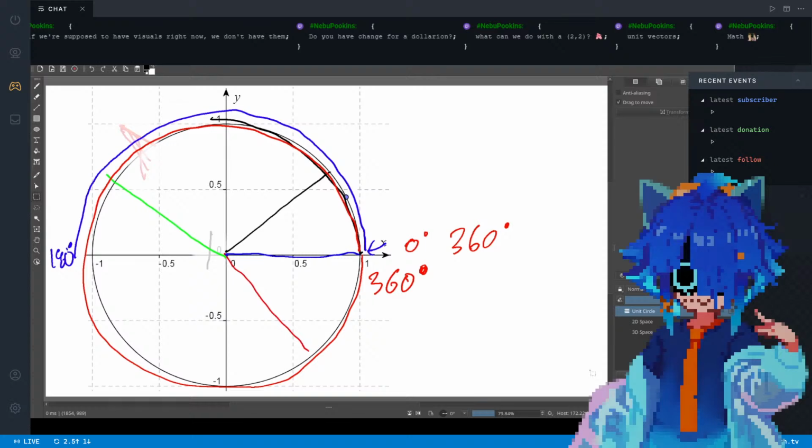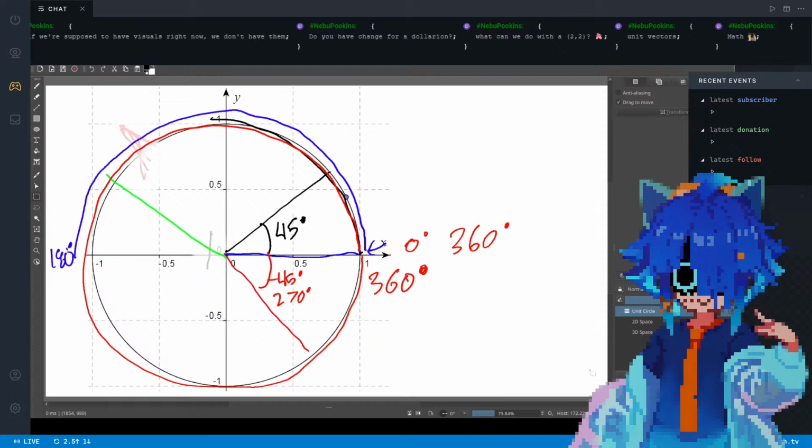How about the black vector? Well, the black vector is about halfway up, so it would have an angle of about 45 degrees. How about this red vector? Well, it's about halfway down, so it would have an angle of about negative 45 degrees, or adding 360 to that, about 270 degrees.